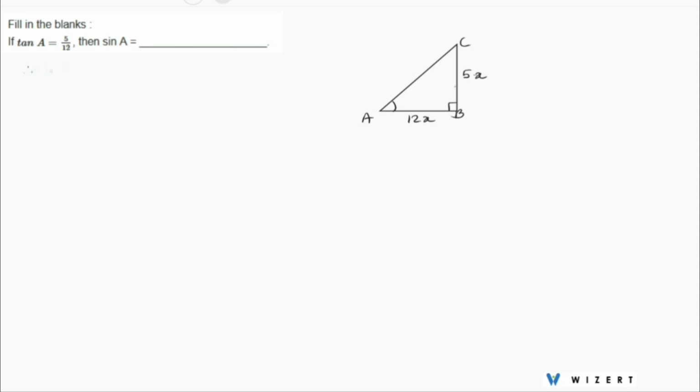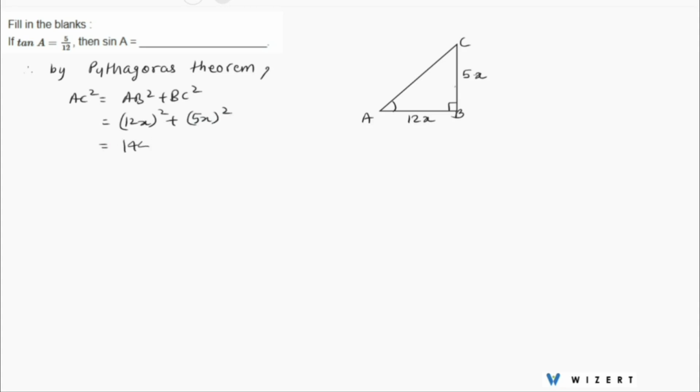Therefore, we can say by Pythagoras theorem, AC square equal to AB square plus BC square, which is equal to 12x square plus 5x square, which is equal to 144x square plus 25x square, which is equal to 169x square.